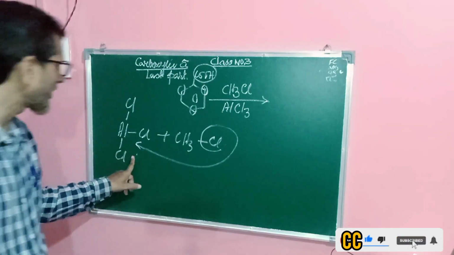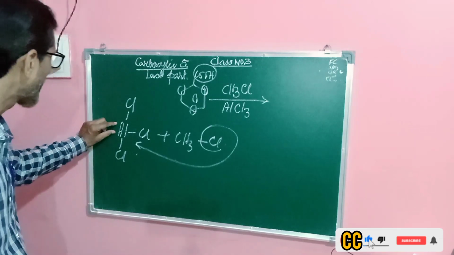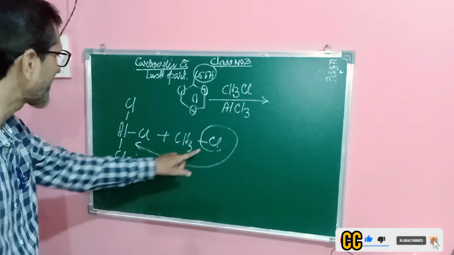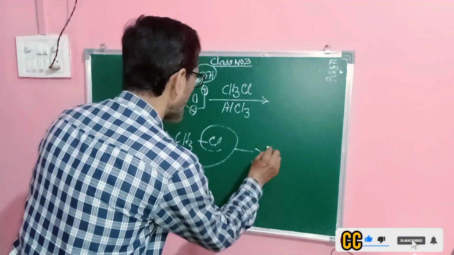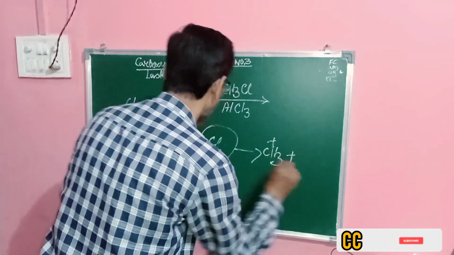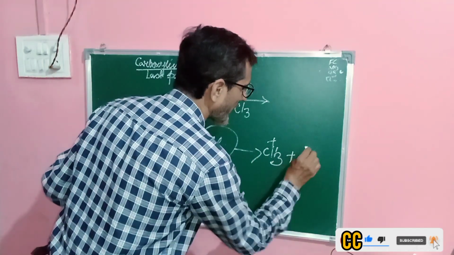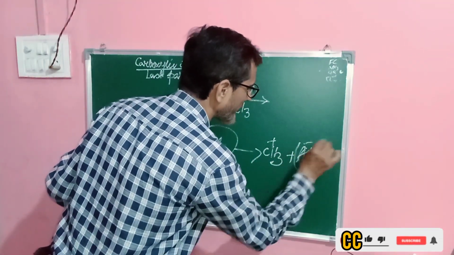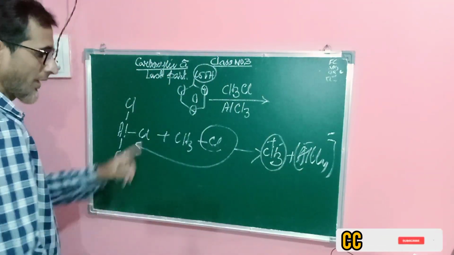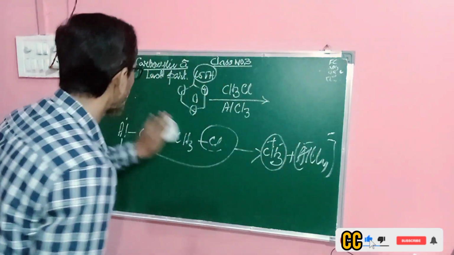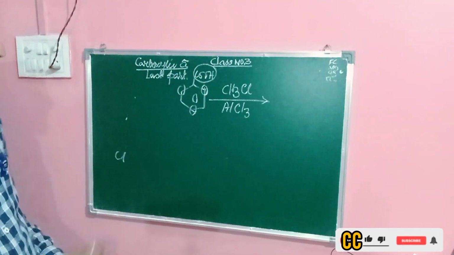Because it is electron deficient, with 6 electrons, it needs 2 more to get an octet. That's why it takes this chlorine along with the bond. So you get CH3 plus and AlCl4 negative, the unstable one. This is actually the electrophile, and that electrophile enters the benzene ring.